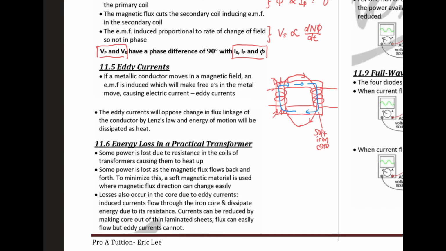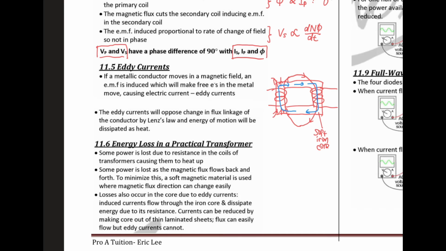intended to be induced. Our primary purpose of doing this transformer is to induce EMF in the secondary coil, not in the soft iron core. But somehow it happens also. EMF is still induced in the soft iron core, and this current is wasted, because it's not used to make the electrical device work.